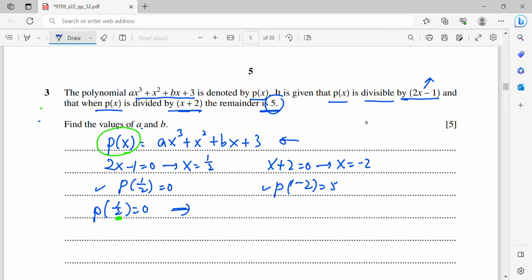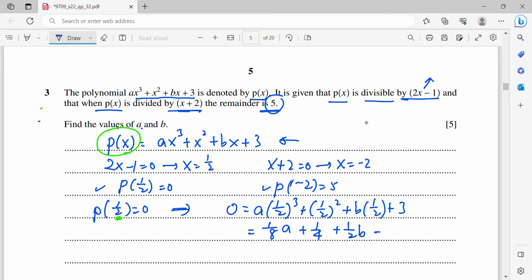So I will get 0 equals a bracket half cubed plus half squared plus b bracket half plus 3. When you simplify this, it is 1 over 8 a plus 1 over 4 plus 1 over 2 b plus 3 equals 0.